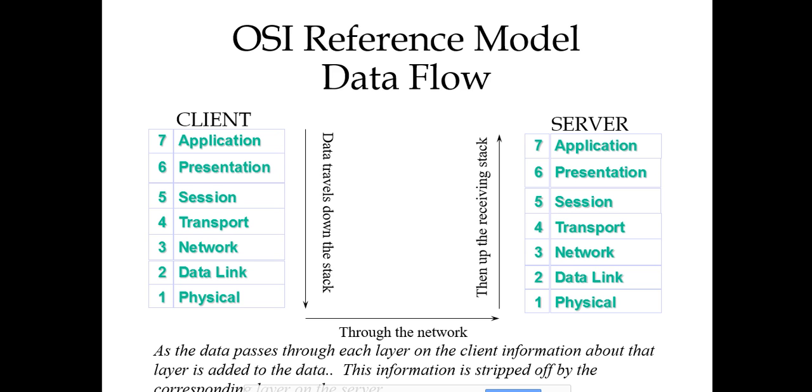If I have a web browser, and the web browser needs to go out and talk to my banking server, or maybe you want to send an email to me that says, hey, I want to take this course online, the price is right. Well, at layer 7, in your email client, maybe Outlook or whatever email client you're using, the application layer, that's an app. So you launch Outlook, you type in the message.